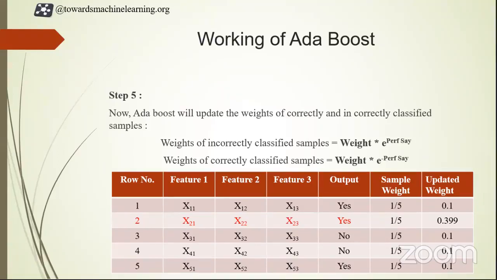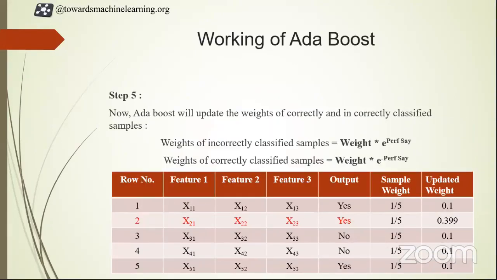By this, you can see that the updated weights of the correctly classified samples decrease, and the weights of the incorrectly classified samples increase. For the correctly classified samples, we get 0.1 as the updated weight, and for the misclassified sample, we get 0.399.